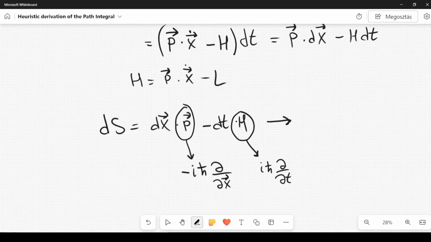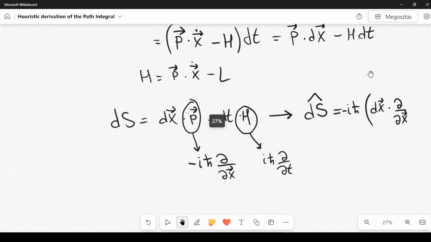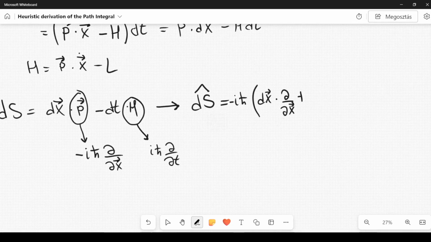And therefore, from the classical theory to the quantum theory, we replace the change in the action with its corresponding operator. We denote it like this, and it can be written as i h bar times, let's put a minus also here, dx dot gradient with respect to the x coordinates, and then we have plus dt d over dt.